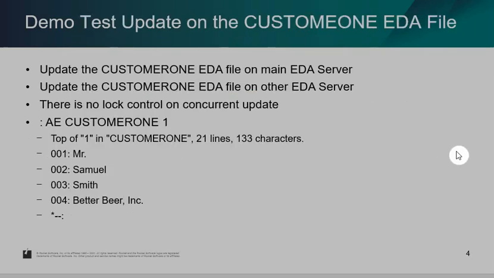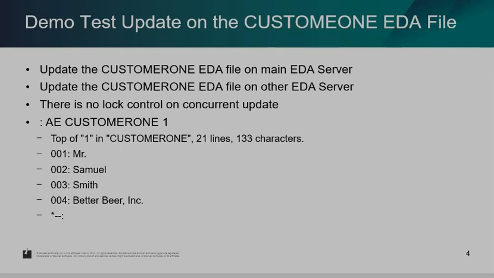When you update the customer1 file on the main server, you can see the change on the second machine. Here's an example using customer1 to change anything you want. But if you update at the same time, the last update will override the previous one.